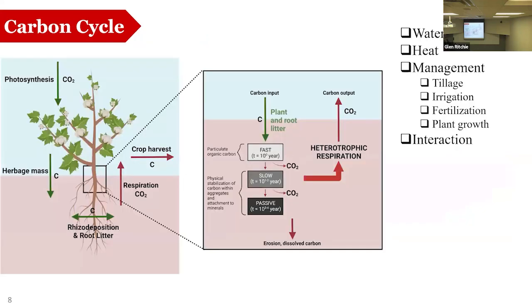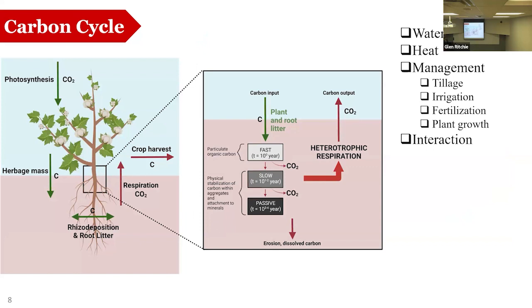So here's a little graphical depiction of what it might look like in a cropping system, or a cotton cropping system specifically. We'll have the plant photosynthesizing, creating above ground and below ground biomass. We'll have root deposition and root litter deposition, which would act in that really fast or labile pool, and that'll very easily be lost to respiration.